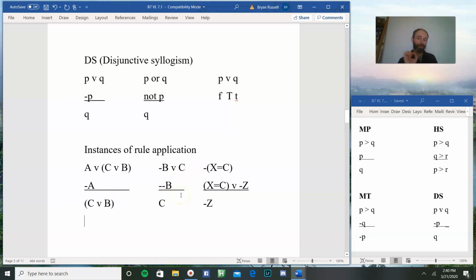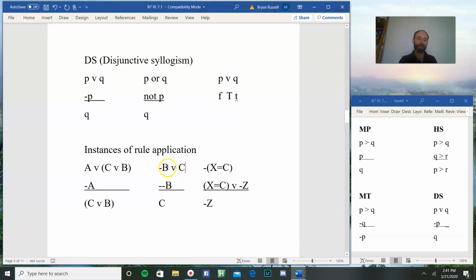Tildes, again, will make this a little bit complicated, but don't get too thrown off. Here we have the main operator as the wedge. Everything that comes before the wedge will count as our P, so here our P is tilde B. Everything that comes after the wedge will be our Q, so our Q here is C. What will we need on the second line to derive C?